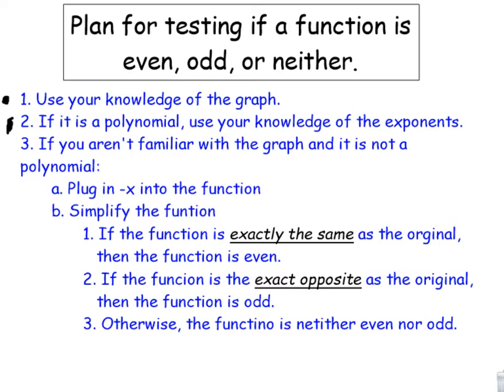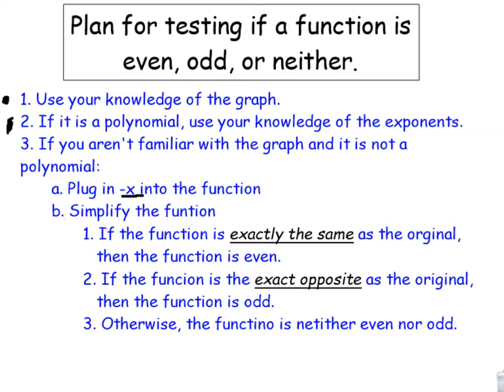And next, number 3 here: if you're not familiar with the graph, or if it's not a polynomial, we can use the test here. What you do is you plug in negative x into the function. You're going to simplify the function, using rules that you know. Maybe it's something squared, or maybe it's using some trig identities that we might know.